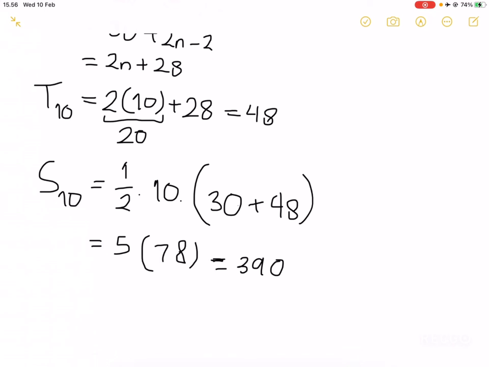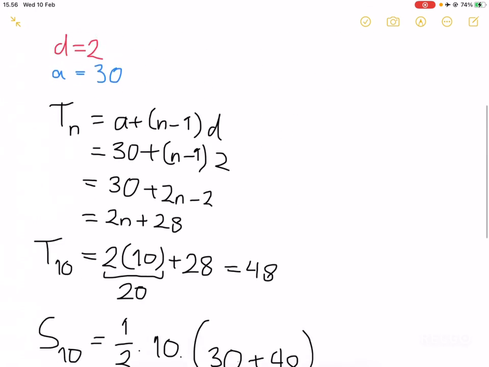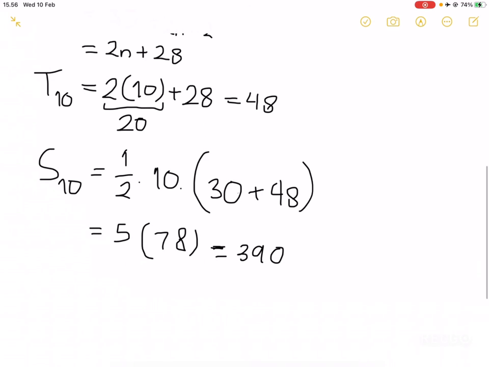So there are a total of 390 seats in the theater. However, you can just do the 2a plus n minus 1 times d type of the sum, and just any way you want, as long as you didn't miscalculate some stuff. So yeah.